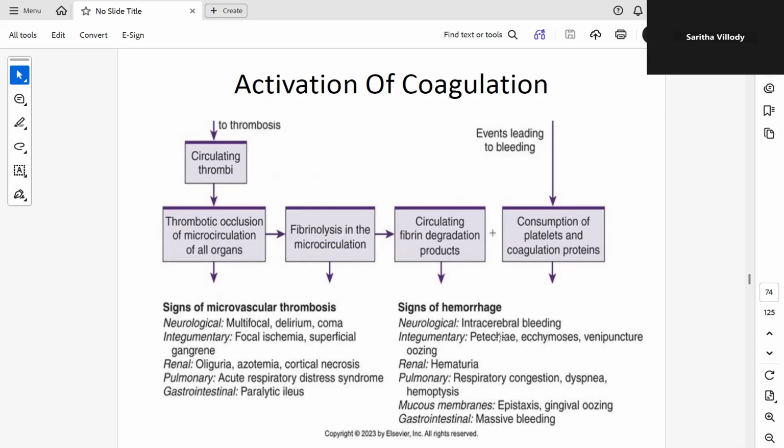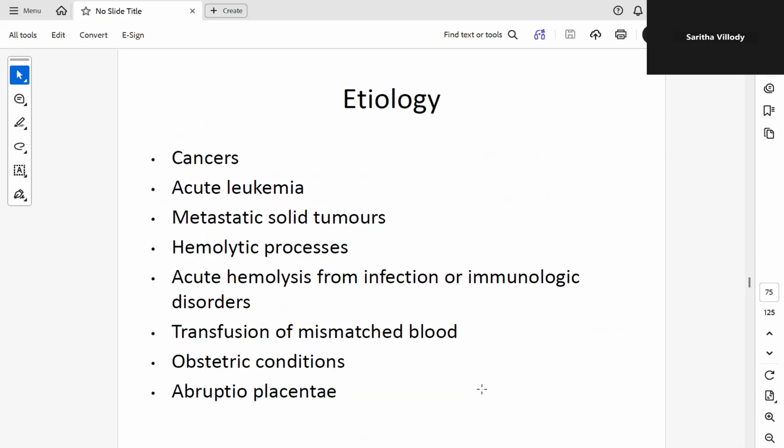Petechiae are small patches of blood vessels or spots. Ecchymosis is more like bleeding into the subcutaneous tissue. Hematuria, hemoptysis, all kinds of bleeding will be seen. So both of these happen at the same time and it becomes extremely tricky to treat.